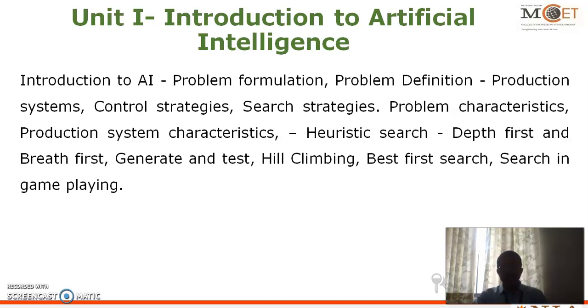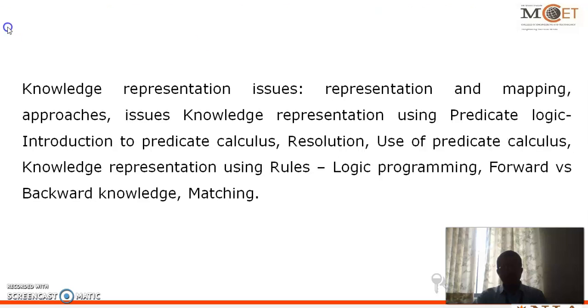Heuristic search is one of the most important searches used in artificial intelligence, and the heuristic search algorithms are depth first and breadth first, generate and test, hill climbing, best first search and search in gameplay. So these are the various heuristic searches followed in artificial intelligence.